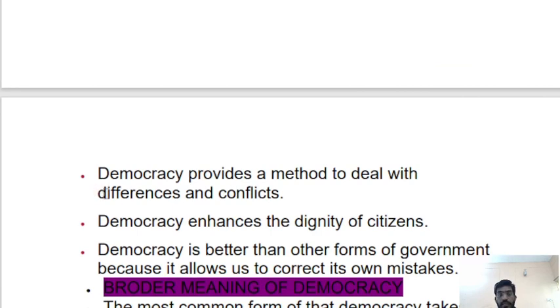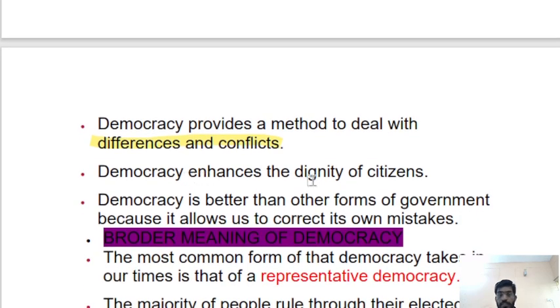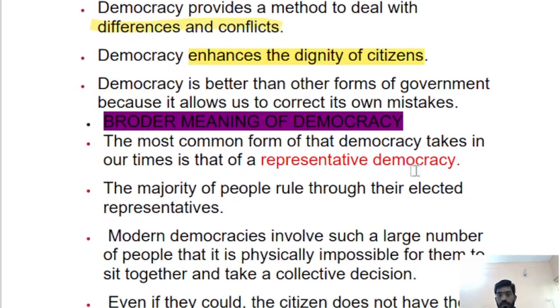And it deals with differences and conflicts. And democracy enhances the dignity of citizens. It is providing rights to the citizens. It is providing some duties to the citizens. Like that, democratic governments enhance the dignity of citizens. Okay, and democracy gives us a choice to correct our own mistakes. These are some of the merits.